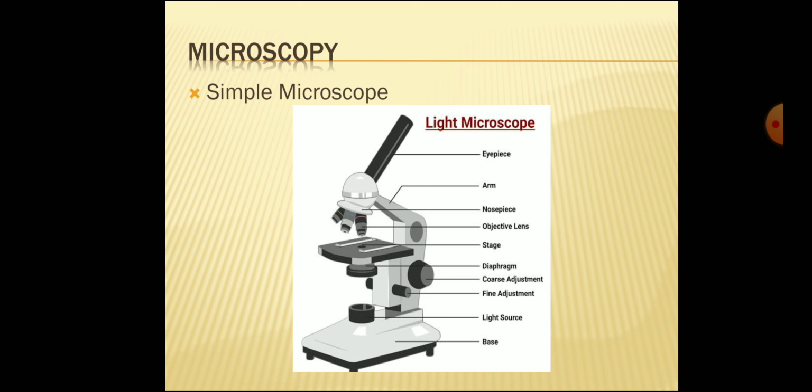Since the objective lens is large, it brings the image of the object to a focus at some distance away, which is why telescopes are much longer than microscopes.